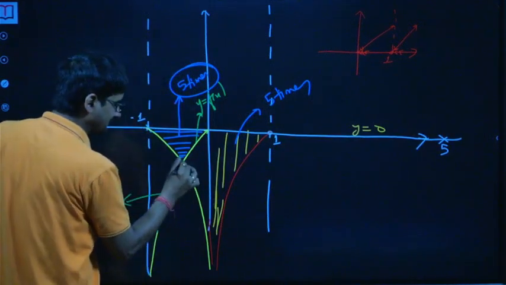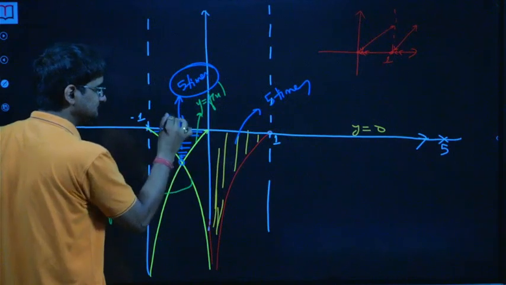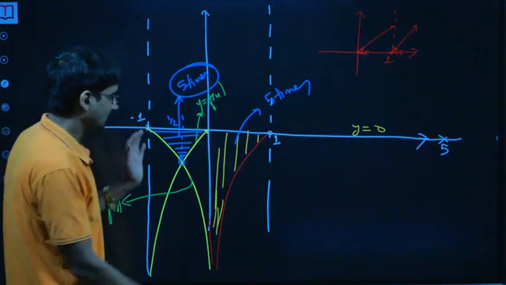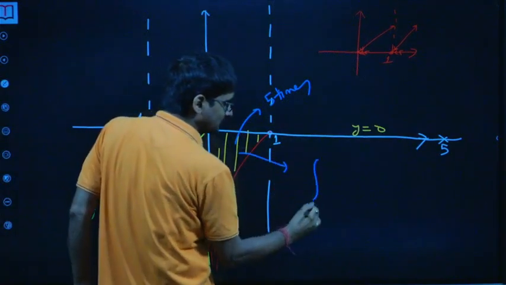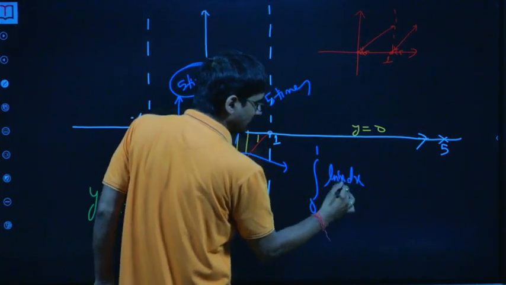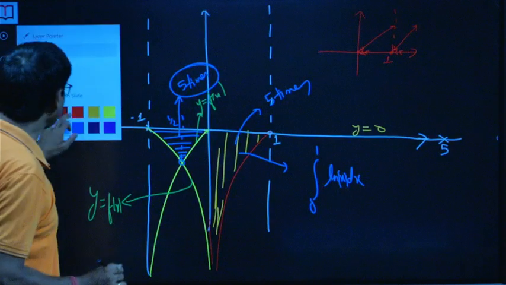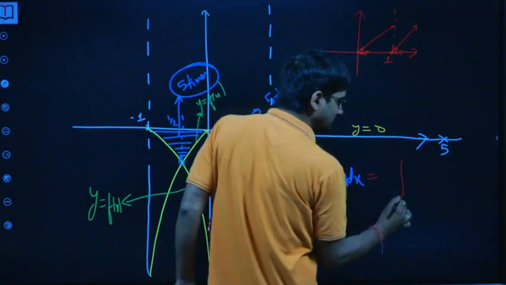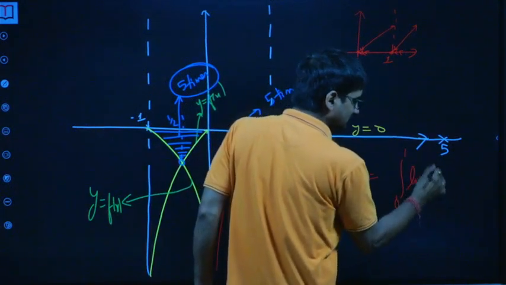Now see, simple, this has to be half. This has to be half, no doubt about it. So it's from 0 to 1 ln of the fractional part of x dx. But when x lies between 0 and 1, the fractional part of x is the same as x. So 0 to 1 ln x dx.